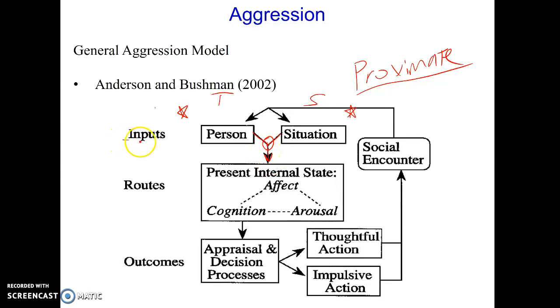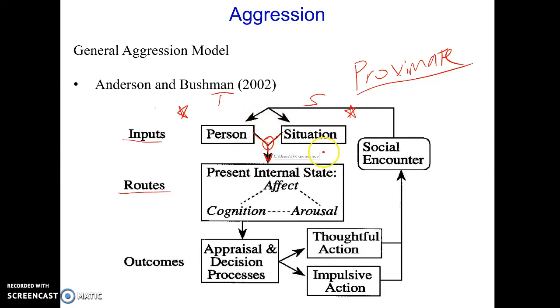So those are called inputs, meaning that's what starts this thing. Routes is basically the routes to get to aggression. And basically what Anderson and Bushman said in their model is we have something called the present internal state. So these are the things that are inside of you that are likely to change as a function of the person by situation interaction.